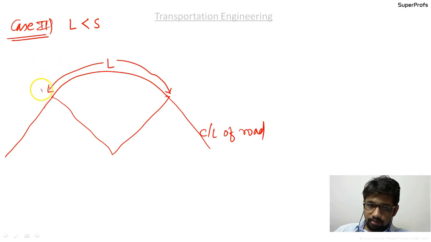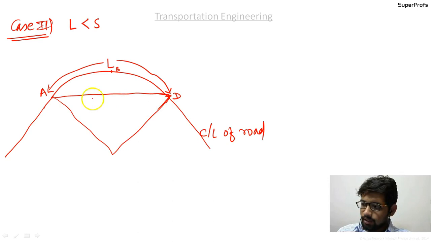This is A, this is point B, and this is point D. This is O, and this point is C. The vehicle is somewhere over here, and the stopping sight distance is this much.